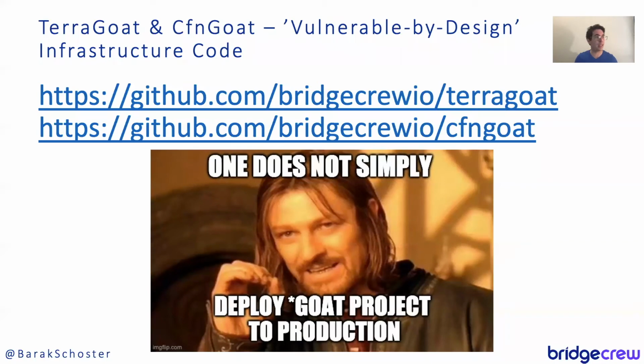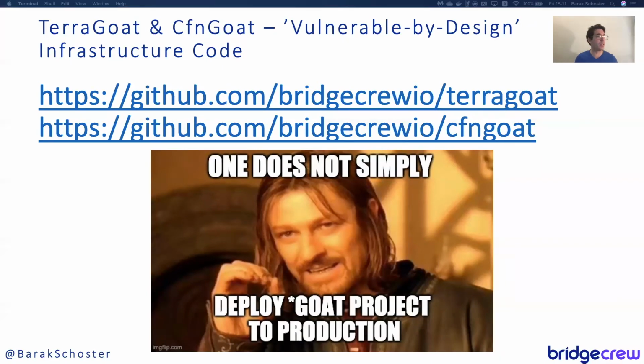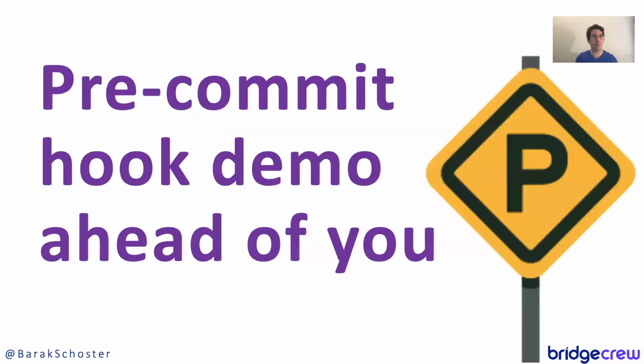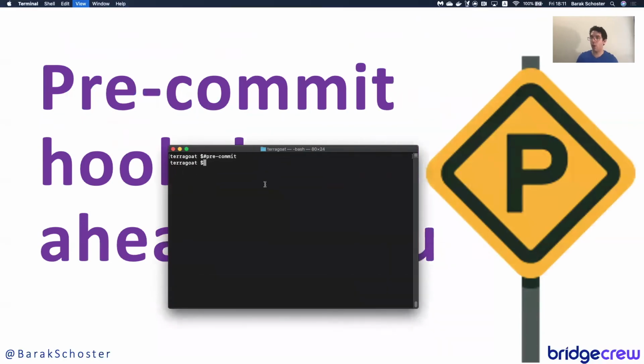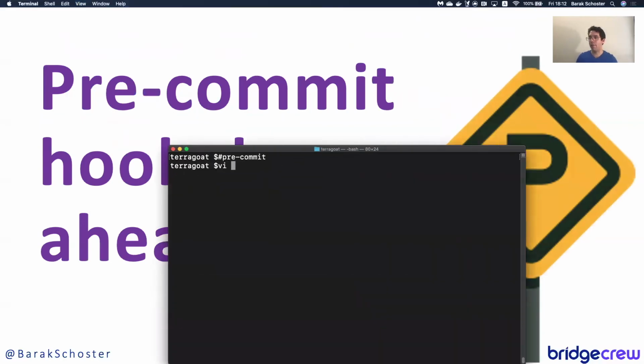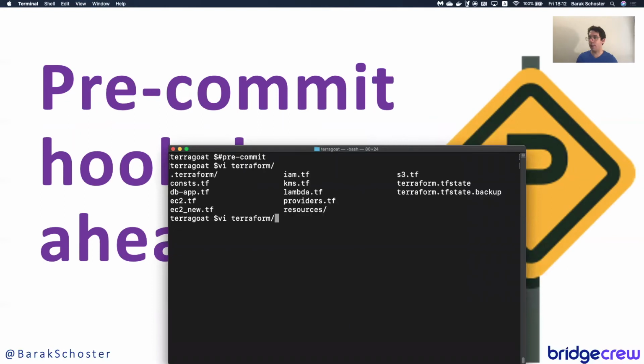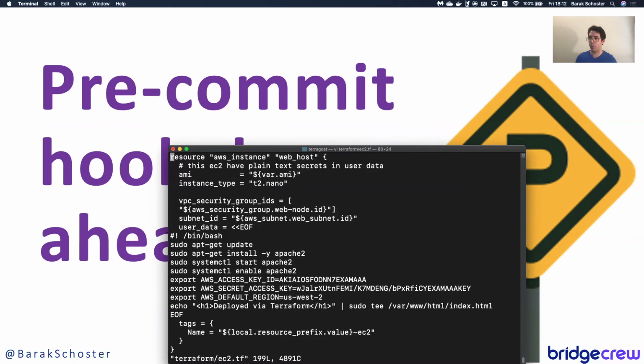So let's take one of those projects that I've created, and we will try to see how we can automate the detection around those. Over here, I have a Terraform directory with various resources: EC2, data, IAM, Lambdas, etc. Let's take a look at the EC2 Terraform.